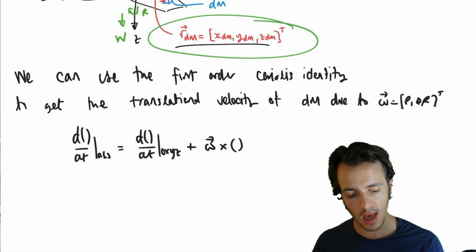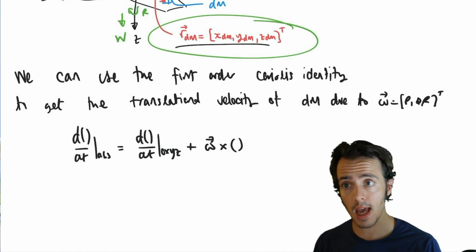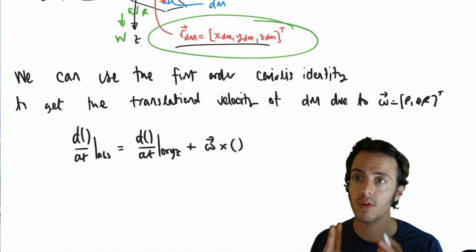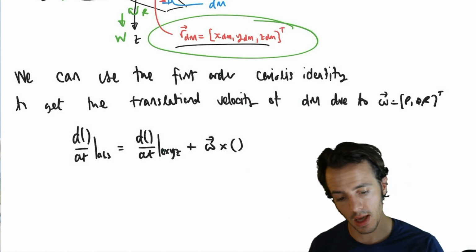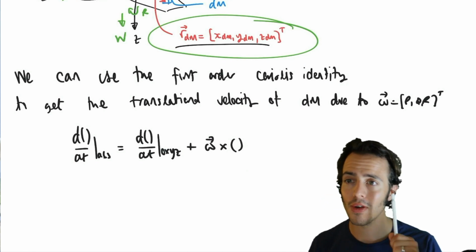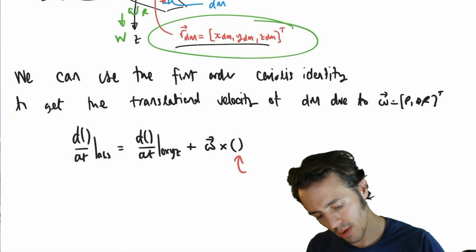So if we put in our position vector, which is defined in the aircraft body axes, then we'll get out the absolute velocity vector of the mass dm due to aircraft rotation. In here, we're going to put r dm.